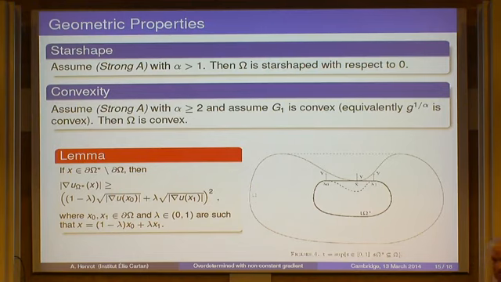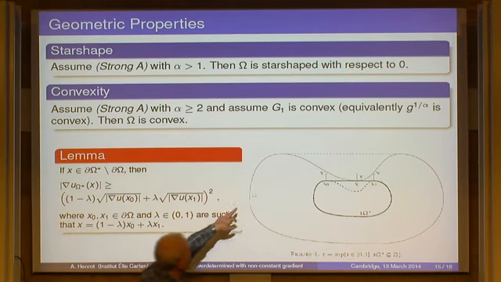And more precisely, what is known is when you assume omega to be convex, and you are just interested in solving the torsion problem, it's well known that the level sets of u omega are convex. And moreover, it's known that u omega to the power 1/2 is convex. And this is what we use to prove the following lemma.